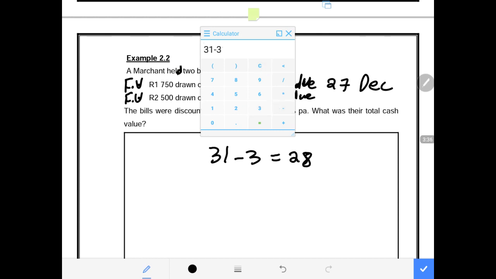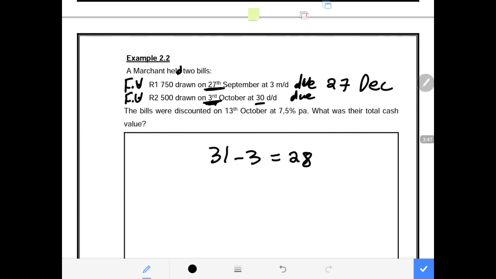If I'm deducting 3, then I am not including 3, but I'm including the 4th up to the 31st day of October. That means 28 days, and in the month of November we only need 2, first and second. That means this bill is due on the 2nd of November.